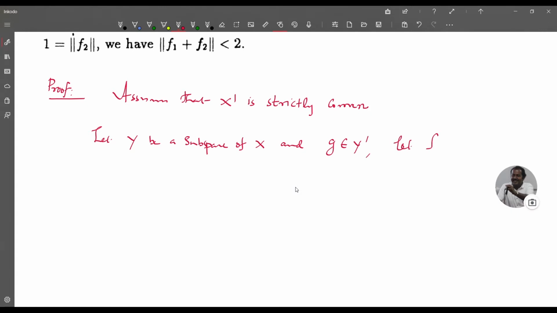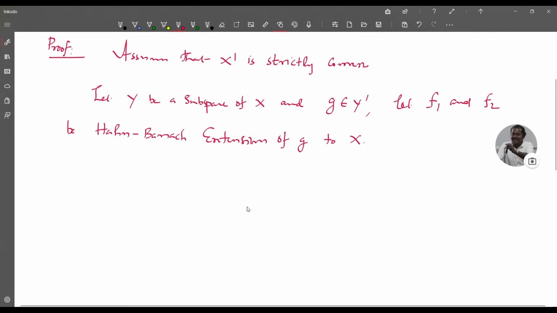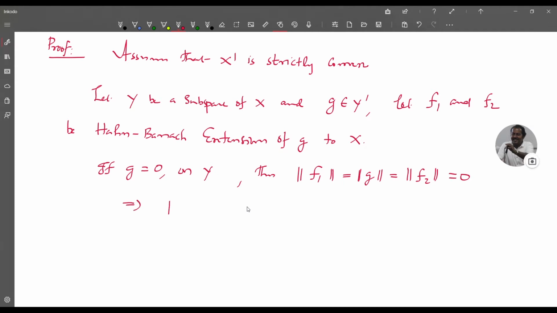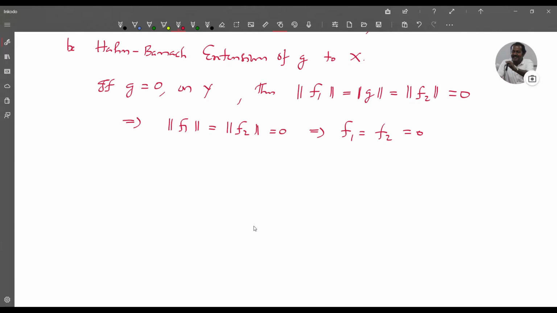Let F1 and F2 be Hahn-Banach extensions of G to X. Now, if G is 0 on Y, then norm F1 equals norm G, which equals norm F2, and since G is 0, this is equal to 0. So norm F1 equals norm F2 equals 0. So this implies F1 equals F2, that is equal to 0. So in this case, the extension is unique.